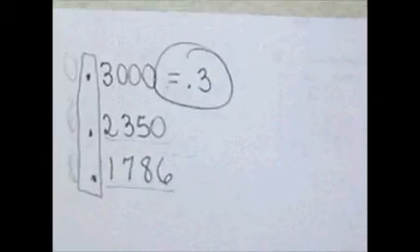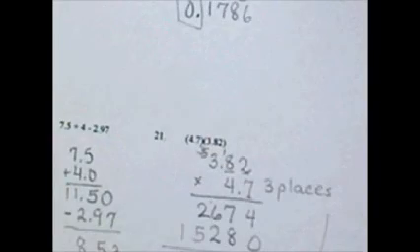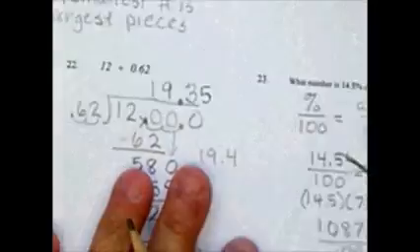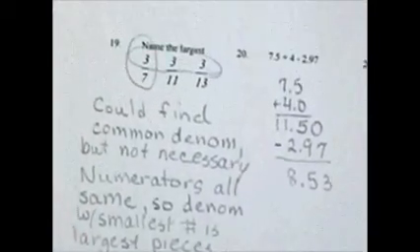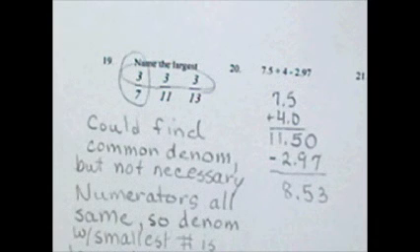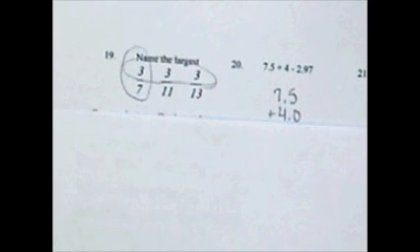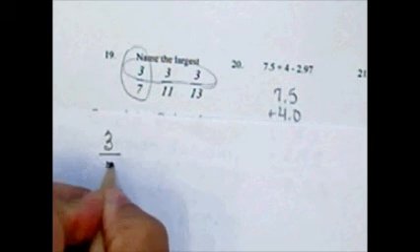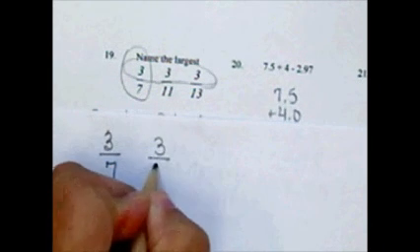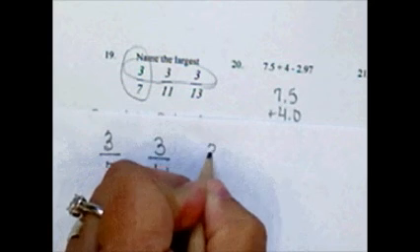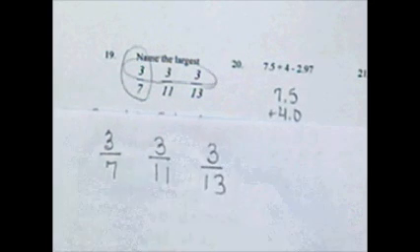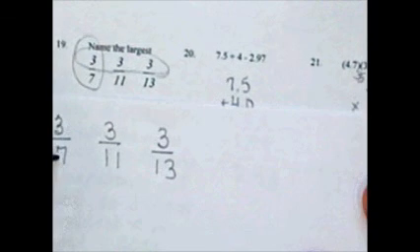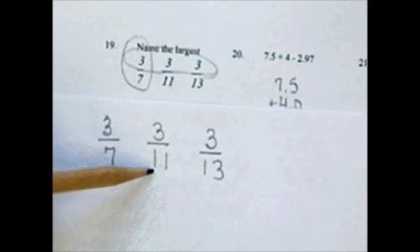Okay. The next one is a matter of taking a look at and thinking about realistically what makes sense here. You want to name the largest in the fractions. All right, now let's think about this a minute. I've got a pizza divided in 7 pieces, a pizza divided in 11 pieces, a pizza divided in 13 pieces.